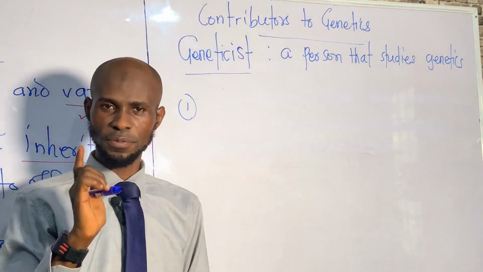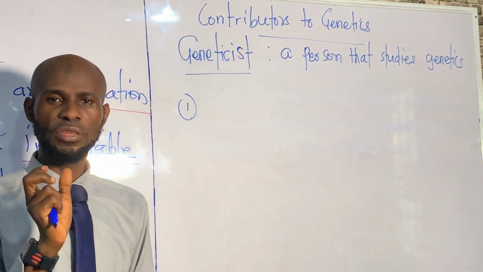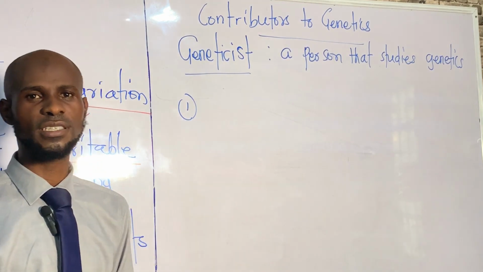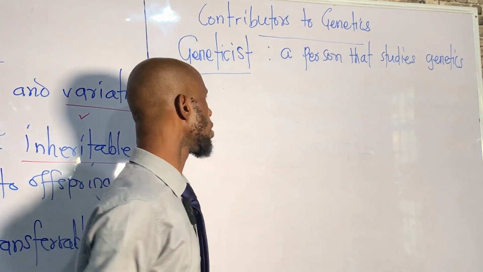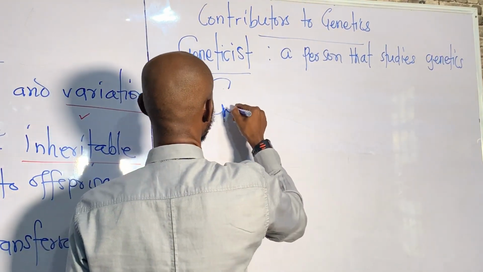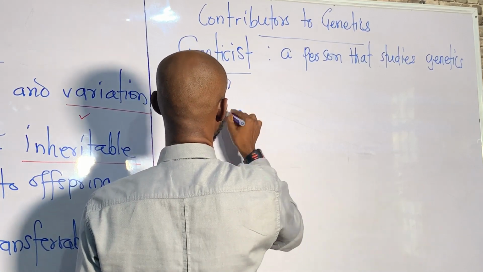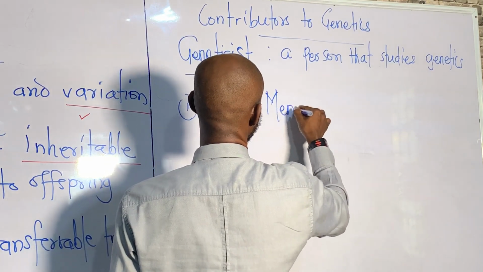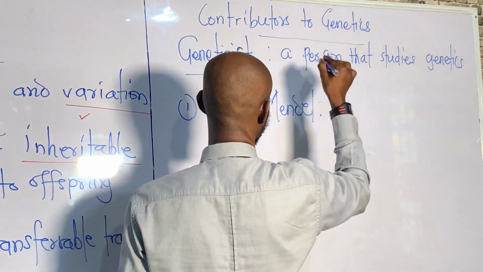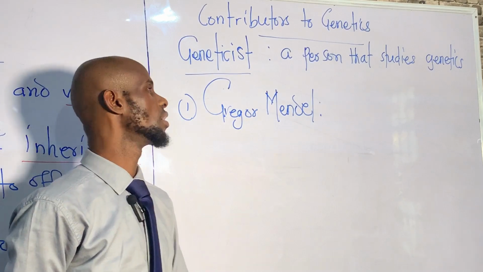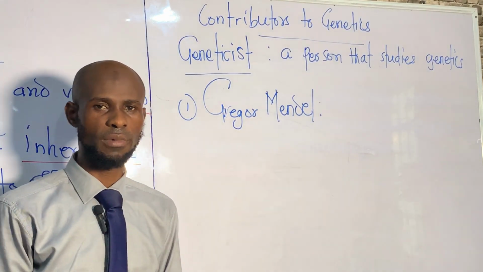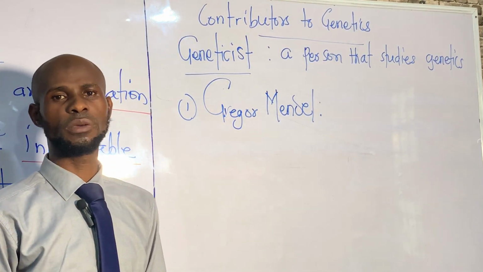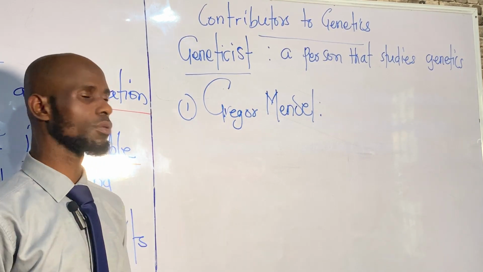So let's look at our lovely geneticists. The first person I'm going to mention, which is the father of genetics, is that particular genius called Gregor Mendel. I'm going to talk much about Gregor Mendel in my discussion about genetics.